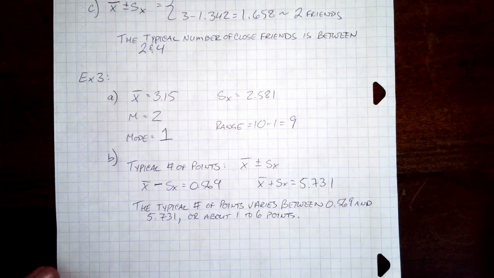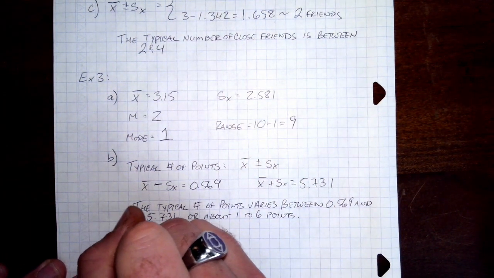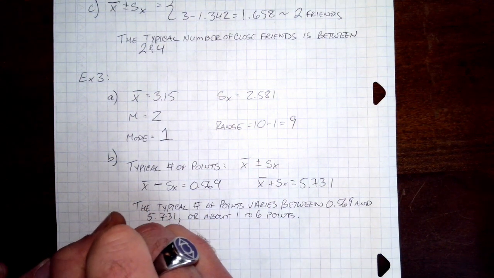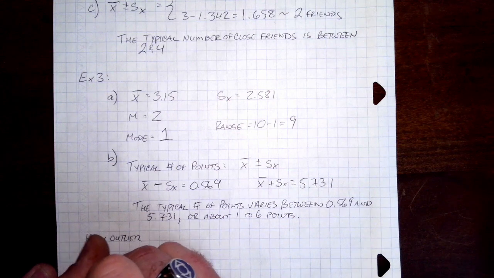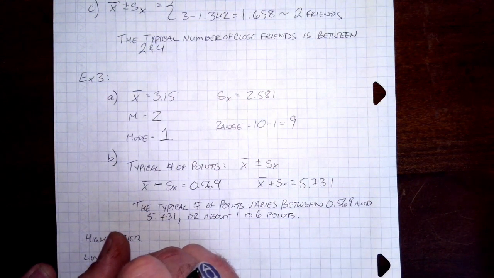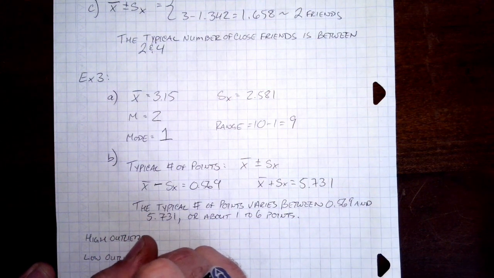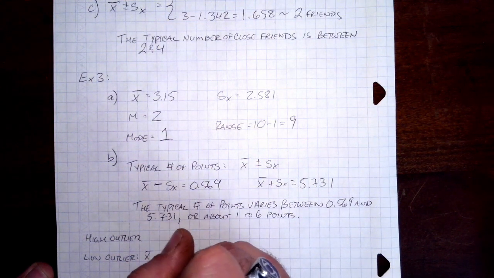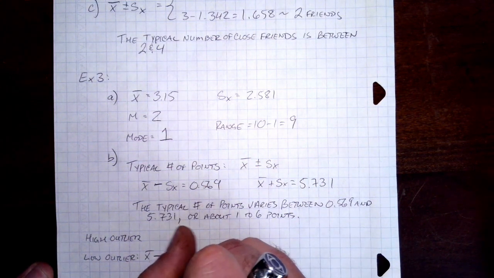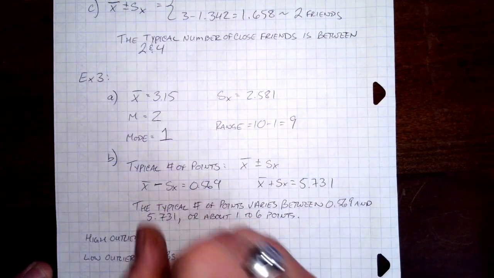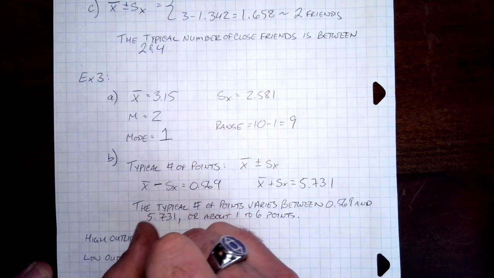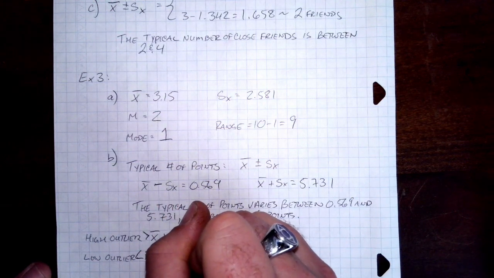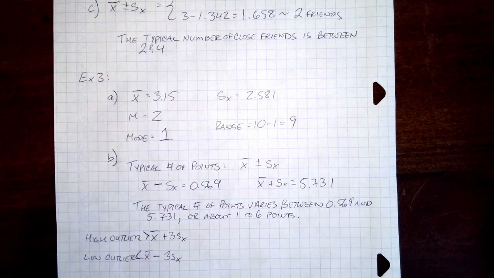Now to find outliers, you can either have high outliers or low outliers. We're not really going to look at the low outliers very much right now, but that's going to be your mean minus 3 of your standard deviations, or anything that is above your mean plus 3 of your standard deviations.